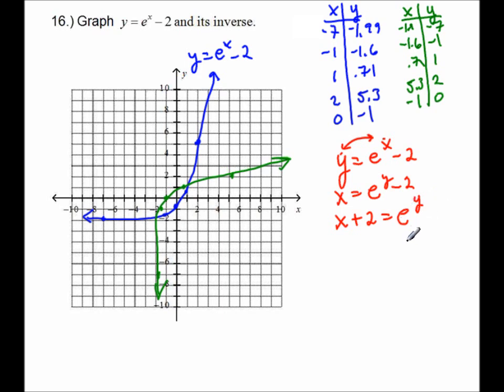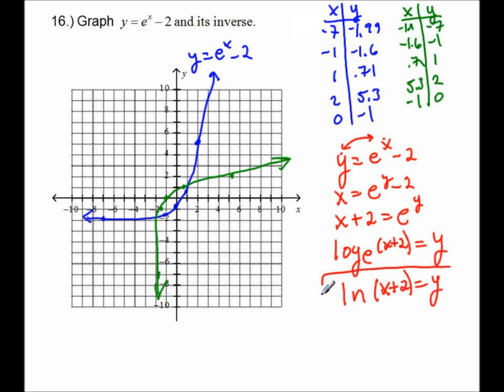We can switch to logarithmic form, and say log base e of x plus 2 equals y. Now, we don't use log base e. What do we use? Natural log of x plus 2 equals y. And this right here is the inverse. That is this graph right here.